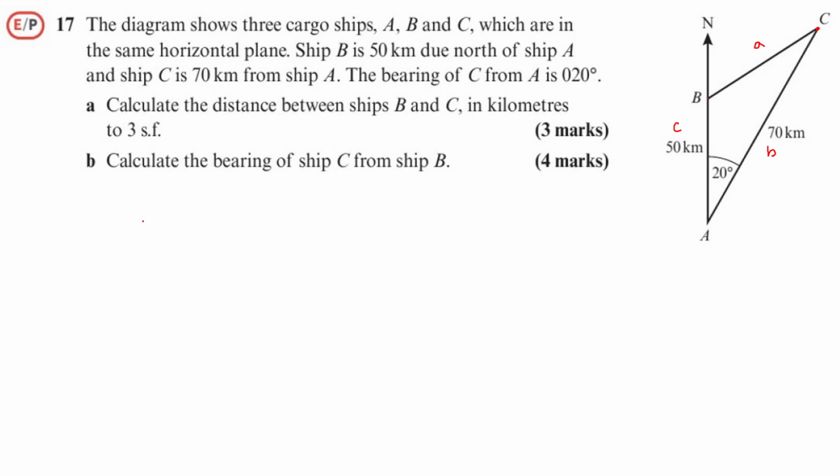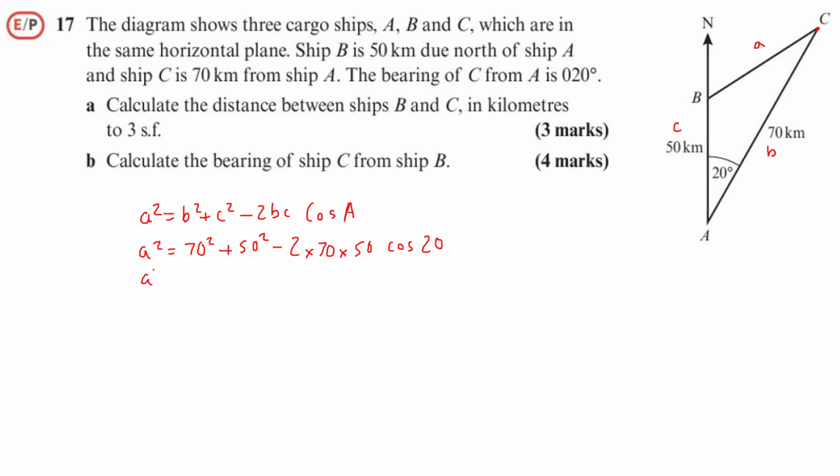So we can just use the cosine rule of a squared equals b squared plus c squared minus 2bc cos A. Substitute the values in. So a squared equals 70 squared plus 50 squared minus 2 times 70 times 50 cos 20.